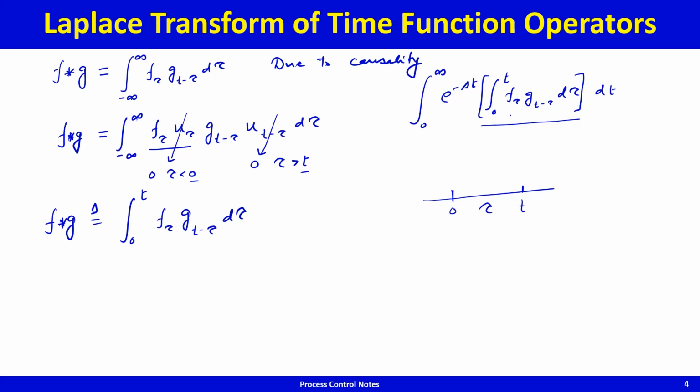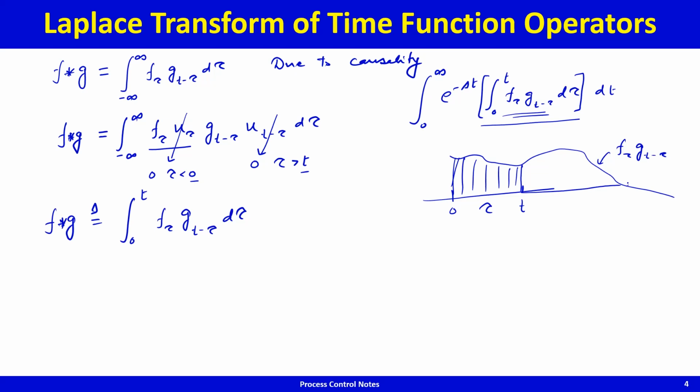Now imagine this function. Let us say this is f tau g t minus tau. What I want to calculate for a given value of t is this area, and everything else should go to 0.